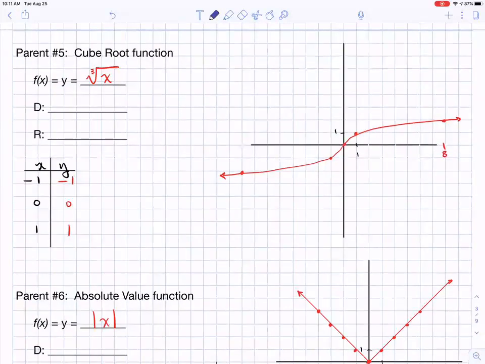Okay. Number 5, parents. Cubed root function. Cubed root, same thing. Okay, left to right. Leftmost, negative infinity. Rightmost, positive infinity. Does this one level off down at the bottom?